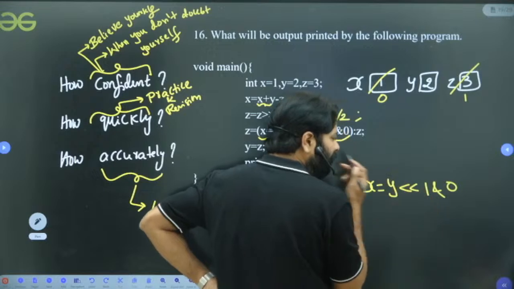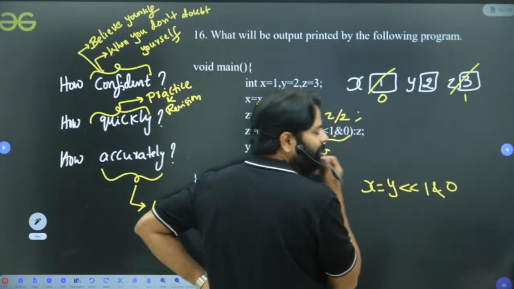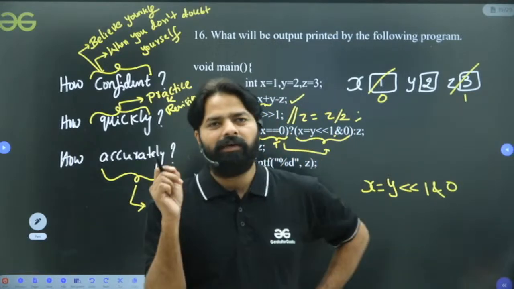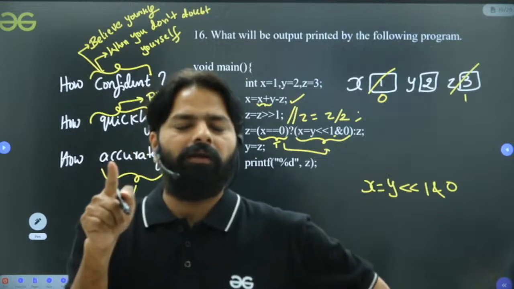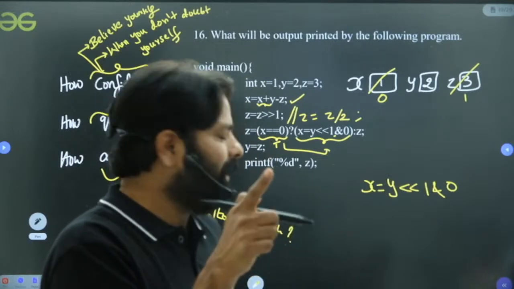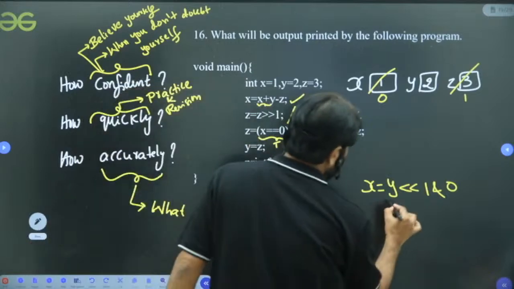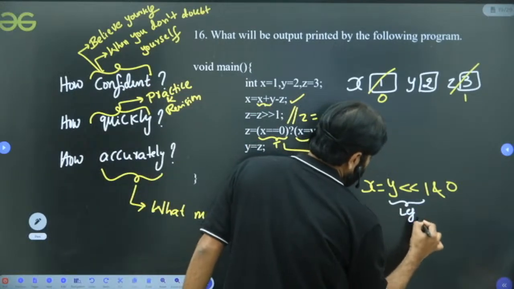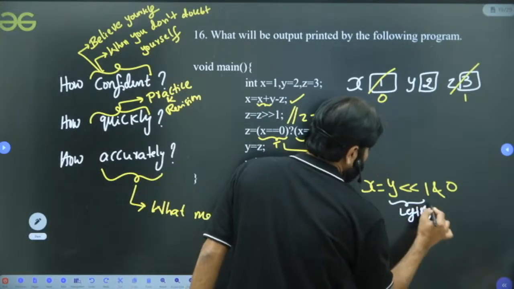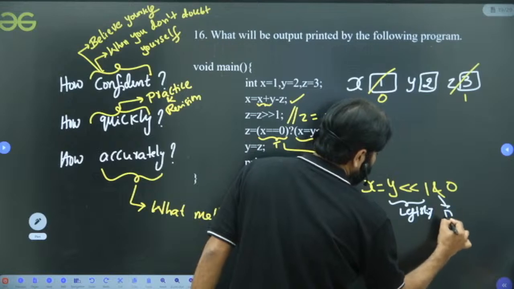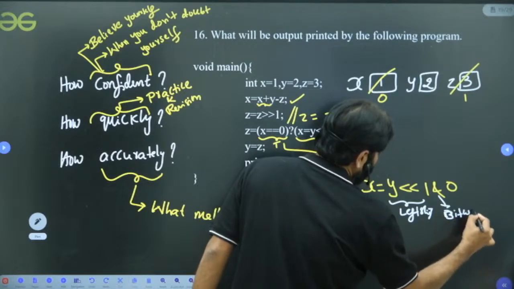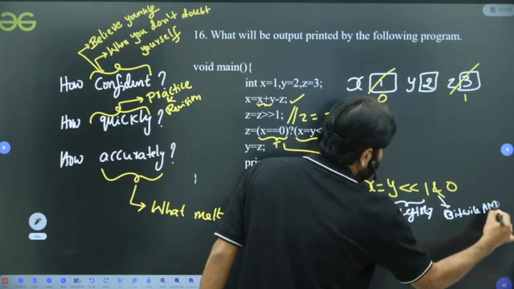Bitwise and, and this left shift. Which has more precedence? Left shift or bitwise and, both are bitwise operators. Which has more precedence in the table?